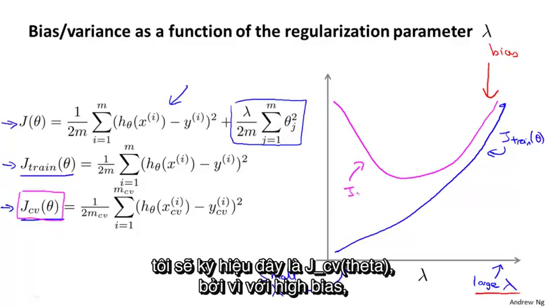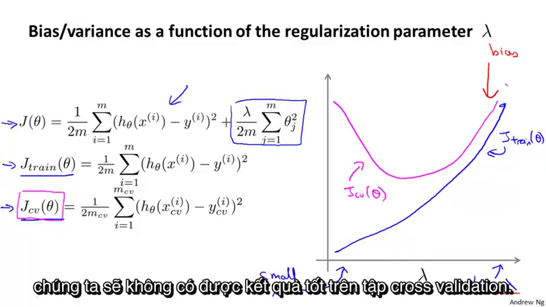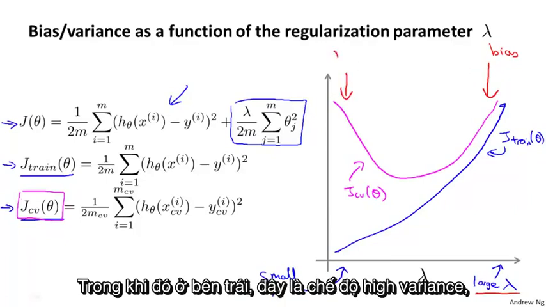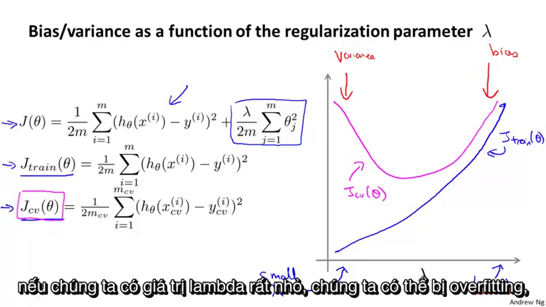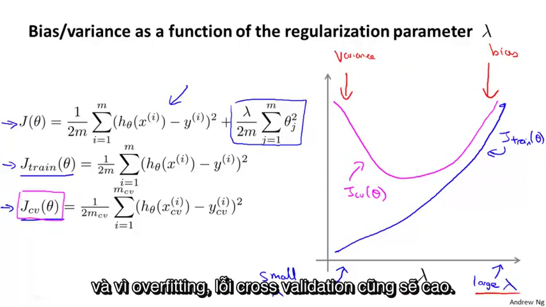Let me just label that, so that's JCV of theta, because with high bias we won't be doing well on the cross-validation set. Whereas here on the left, this is the high variance regime, where if we have too small a value of lambda, then we may be overfitting the data, and so if we're overfitting the data, then the cross-validation error will also be high.